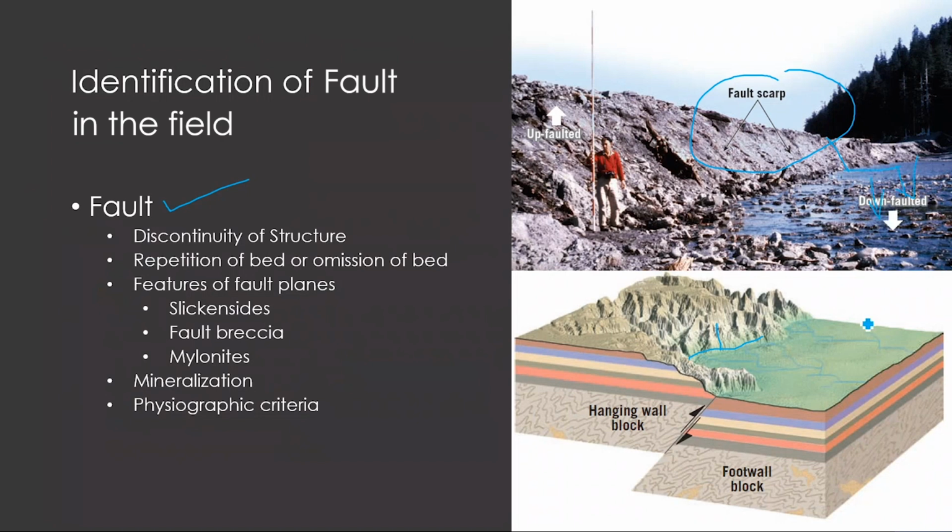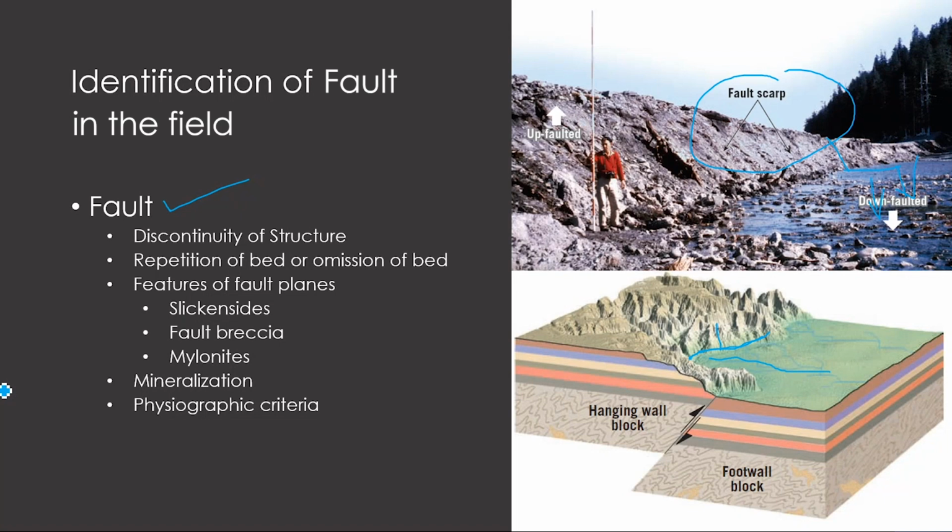This block has moved out. Water is flowing there, and there is a channel which flows along the fault plane. All these channels will take a different turn when crossing faulted lines. So that kind of geomorphological feature we'll be able to identify.